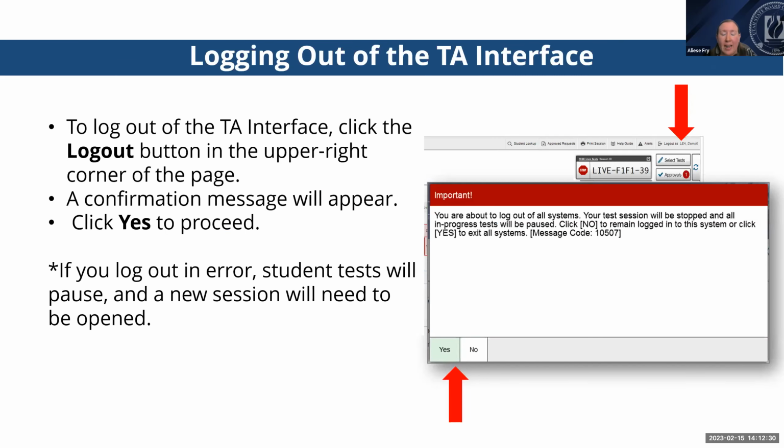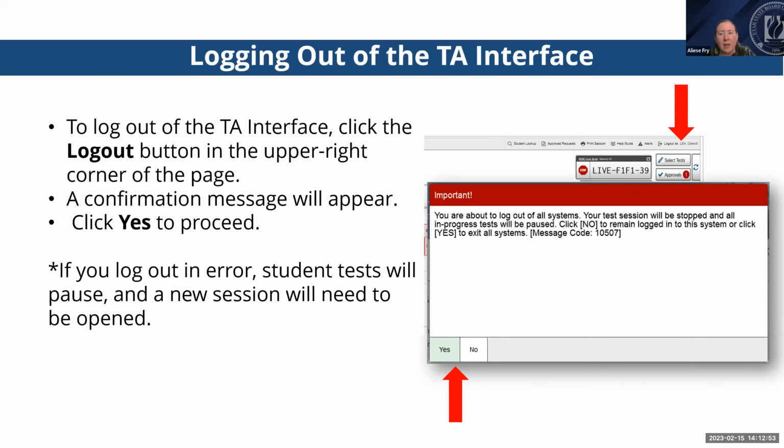When it's time to log out, it's pretty simple. You just click the log out button in the upper right corner of the page. It is preferred for you to log out after stopping your session, because logging out is going to cause any test that's in progress to pause. A confirmation page is going to appear, asking you, are you sure you want to exit the website?